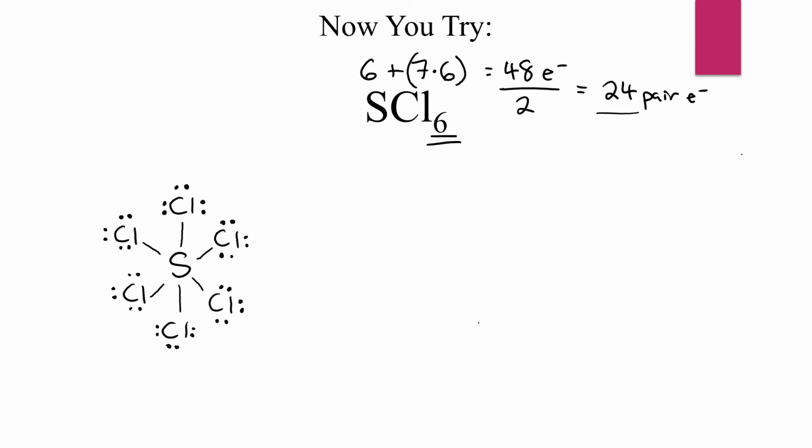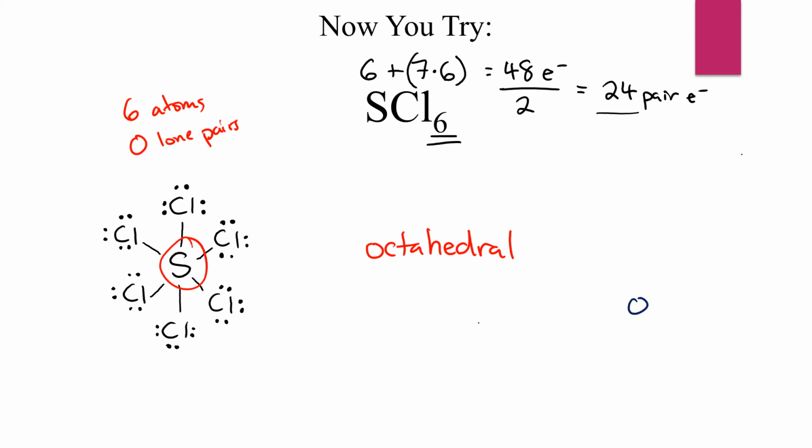Now, let's analyze. I have my central atom, and I have 6 atoms attached to it, but 0 lone pairs. So if I take a look at this, y'all, this gives me the shape of octahedral. Okay, octahedral, and this shape would look something like this.